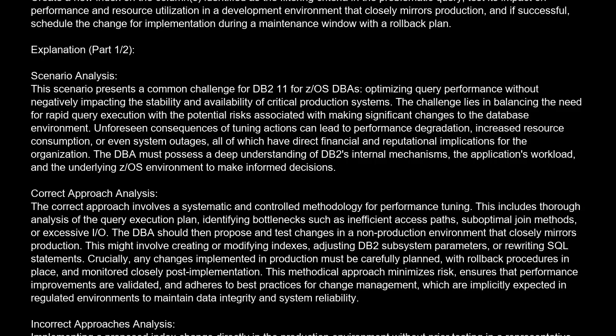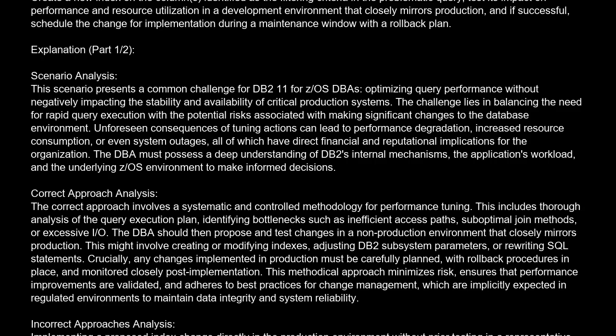Correct approach analysis. The correct approach involves a systematic and controlled methodology for performance tuning. This includes thorough analysis of the query execution plan, identifying bottlenecks such as inefficient access paths, suboptimal join methods, or excessive I/O. The DBA should then propose and test changes in a non-production environment that closely mirrors production. This might involve creating or modifying indexes, adjusting DB2 subsystem parameters, or rewriting SQL statements.